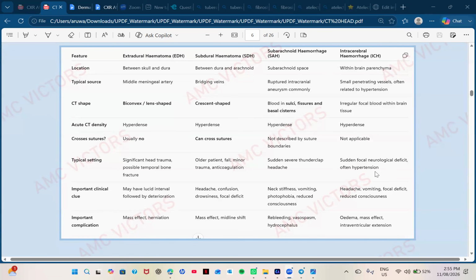The acute one is usually due to head trauma. The patient can have headache, confusion, vomiting, acute deterioration, then focal neurological deficit.